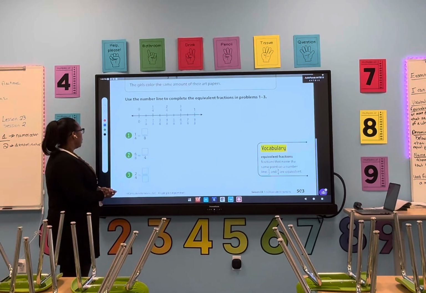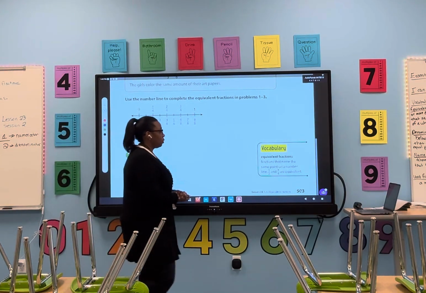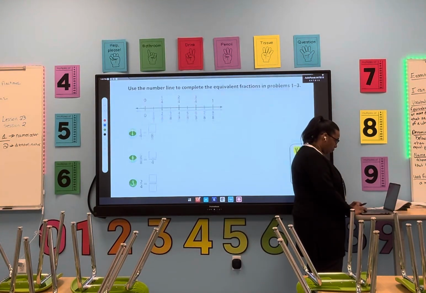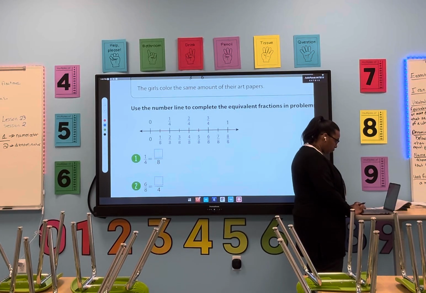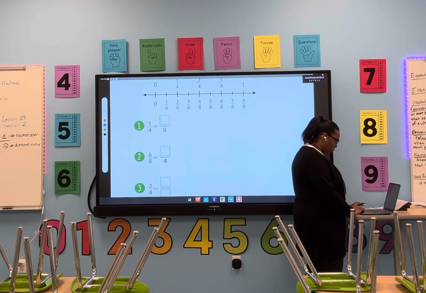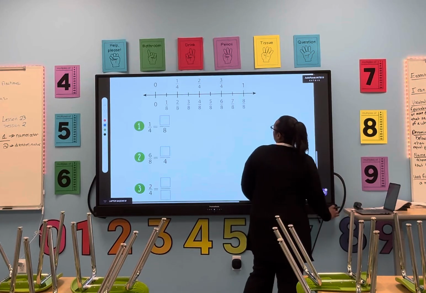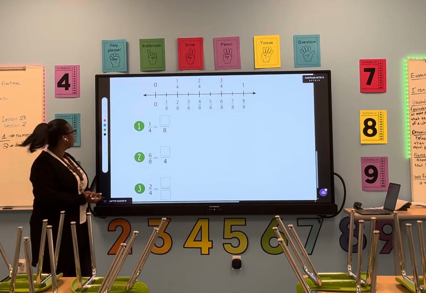I wonder if I should zoom in a little bit more so you can see. Let me make the number line a little bigger. All right, so the number line's a little bit bigger, so you can see it a little bit better, hopefully.